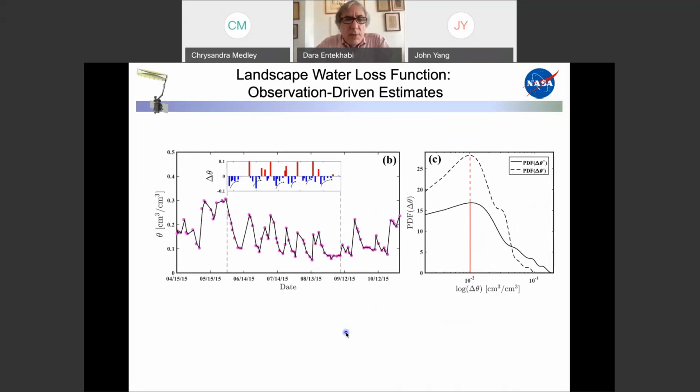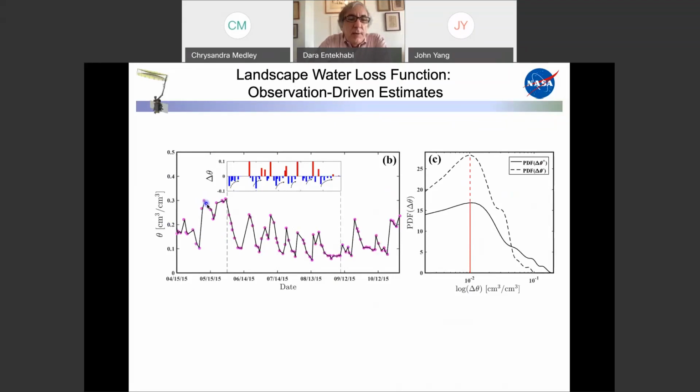an example time series of soil moisture at a location, I believe it's somewhere in Oklahoma, that comes out of SMAP. So this is just 1 pixel. This is the time series of the soil moisture over a few months. And it's just an example to show that when you have a precipitation event, soil moisture jumps up.